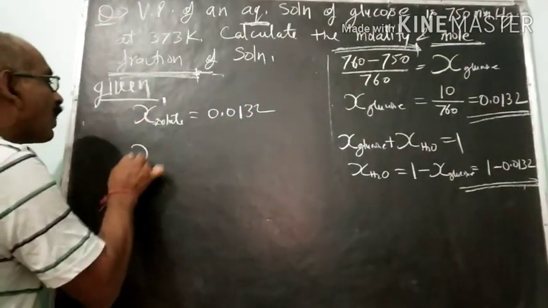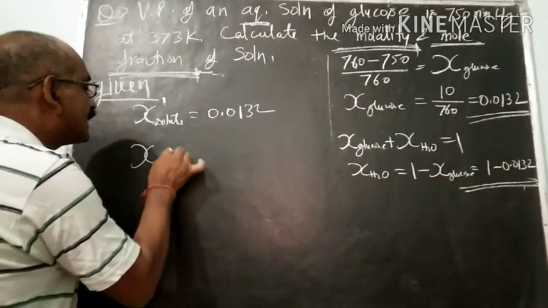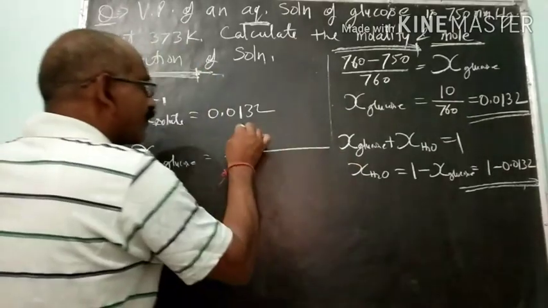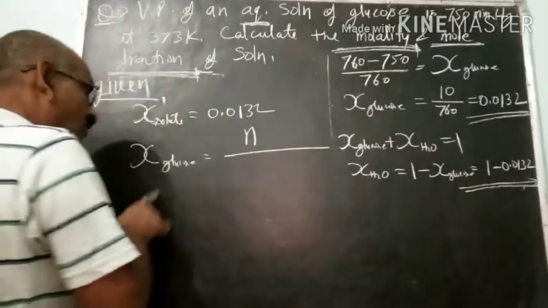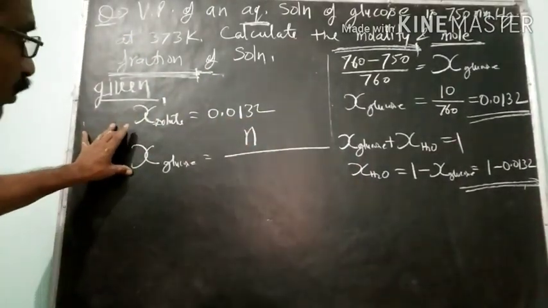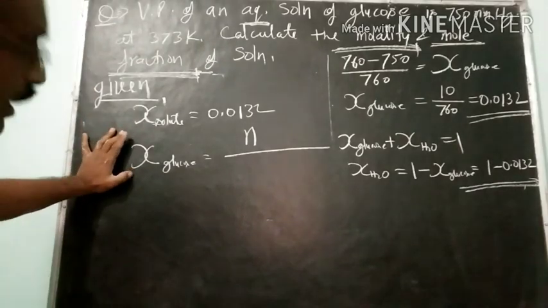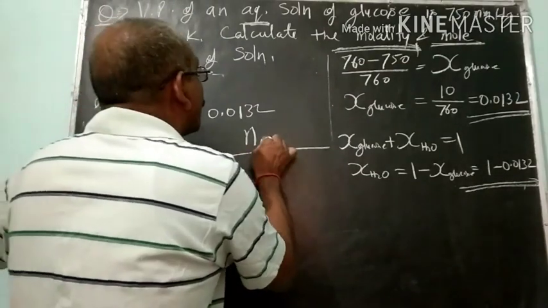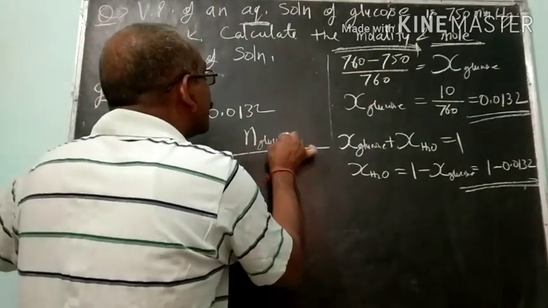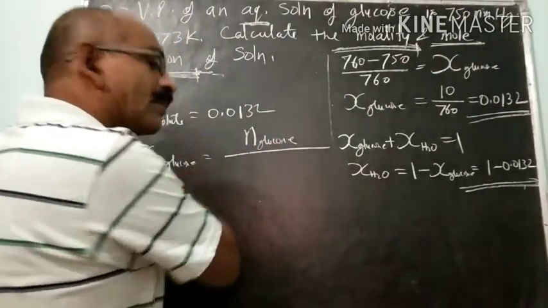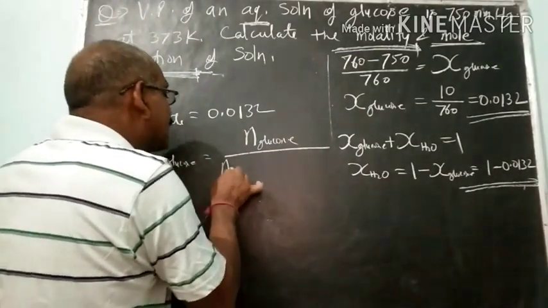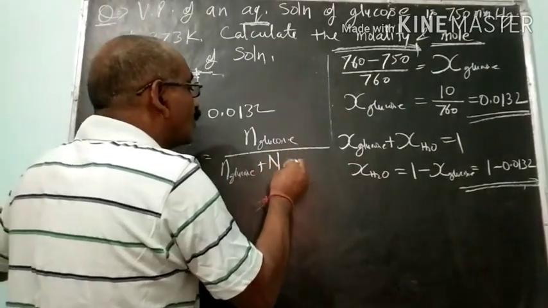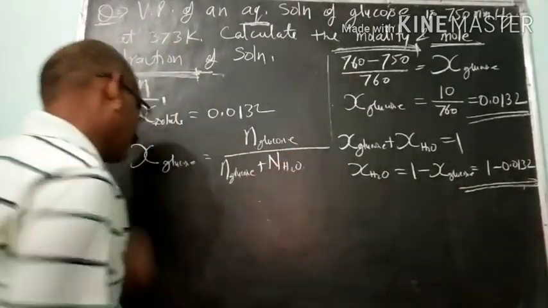And X glucose can be calculated as the mole fraction of any component of the solution, which is the ratio of number of moles of that component to the total number of moles of the solution, meaning moles of glucose plus moles of water.